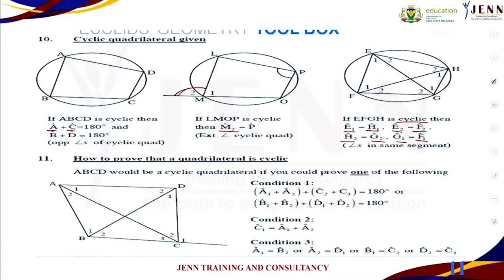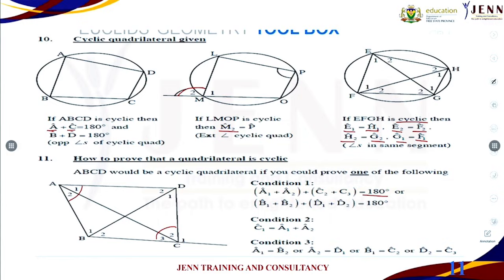The first condition: if you were to prove that angle A1 plus A2, which is the entire angle A, and angle C2 plus C3, which is angle DCB, are supplementary, which means the sum of these two is 180, then we know that the quadrilateral is definitely cyclic.